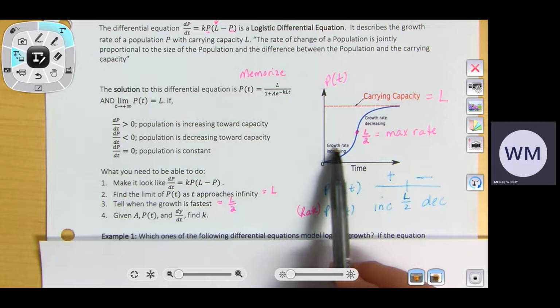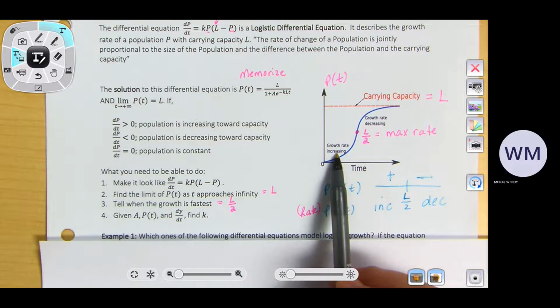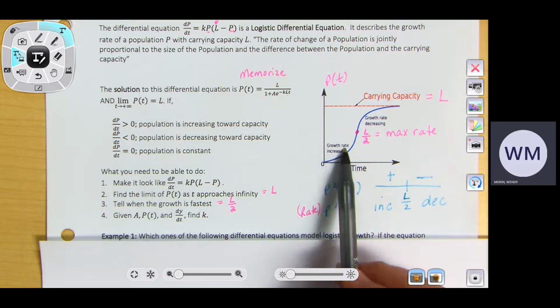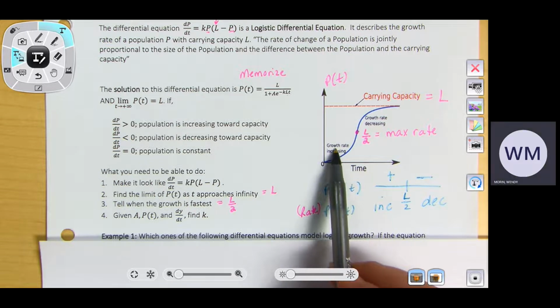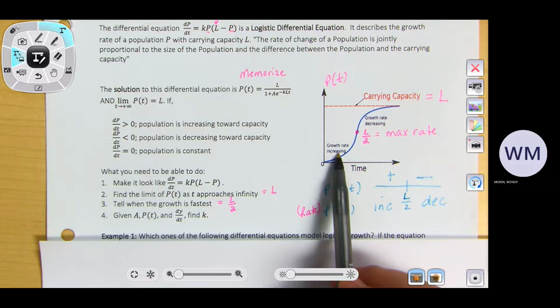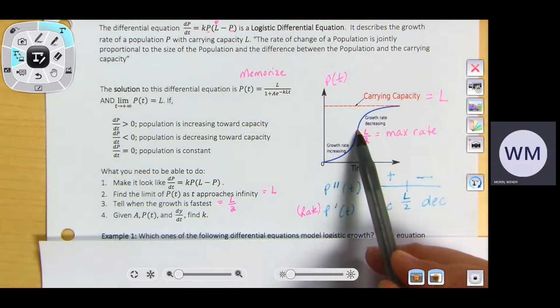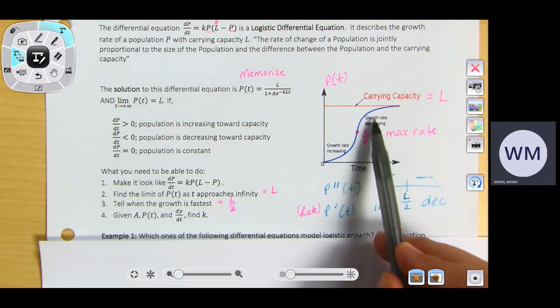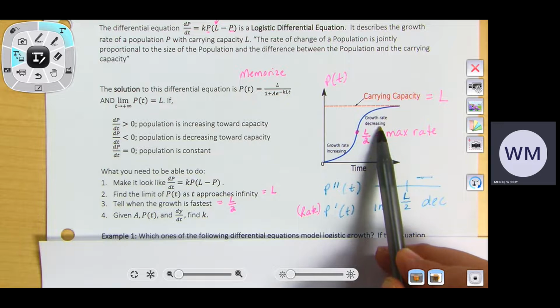So your growth rate is increasing. That means its derivative, the growth rate's derivative, is positive. And then here it's concave down, so your growth rate is decreasing.